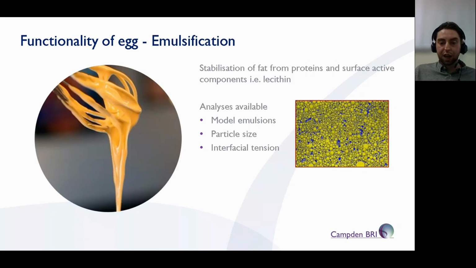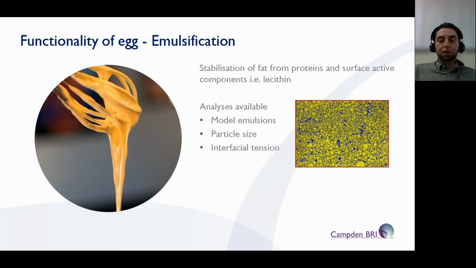Moving on to emulsification. So obviously emulsions are a mixture of fat or oil droplets dispersed within an aqueous phase. You can also have an aqueous phase dispersed within an oil phase. Most food emulsions are oil in water. Some exceptions include butter, for example.